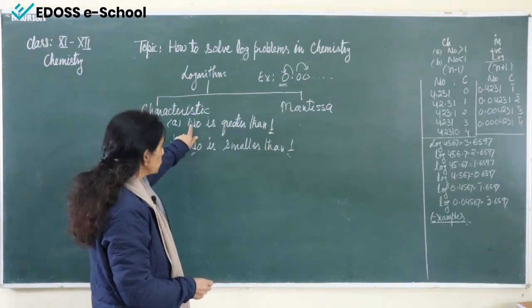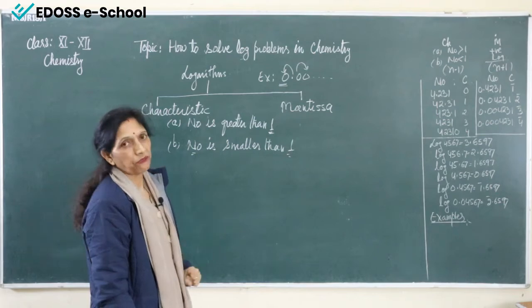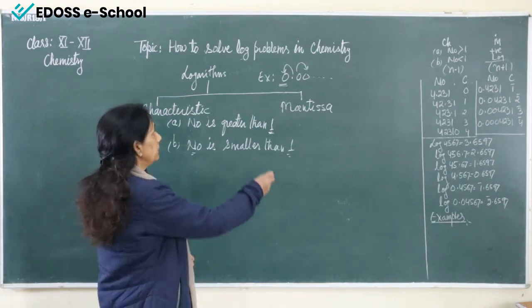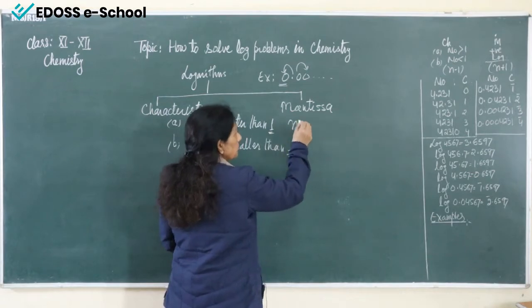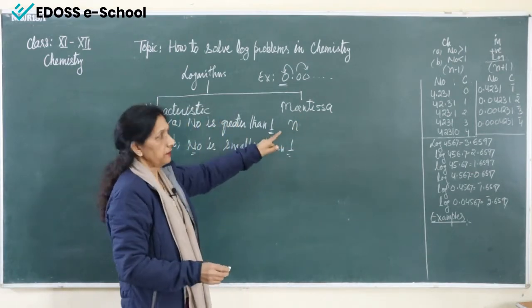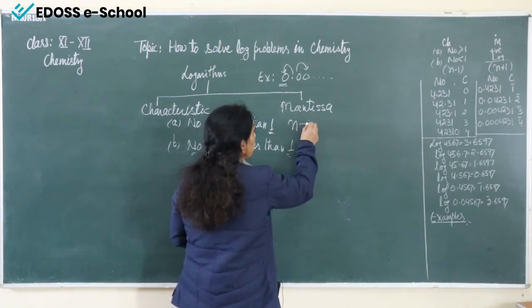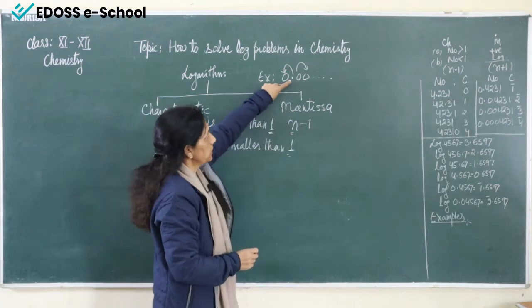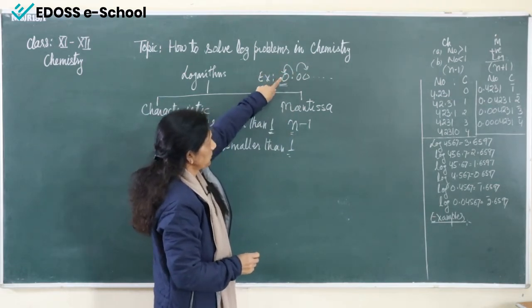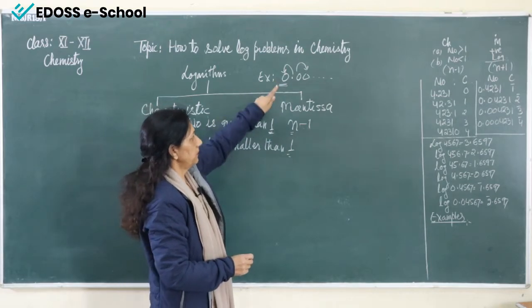If the number is greater than 1, then how will we find the characteristic? For finding characteristic, we take n and subtract 1 from it. N means the number of significant figures on the left side of the decimal.